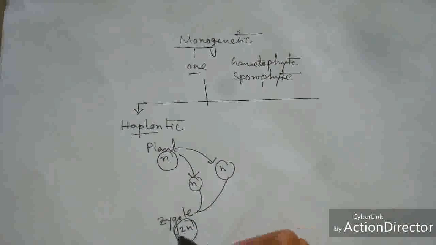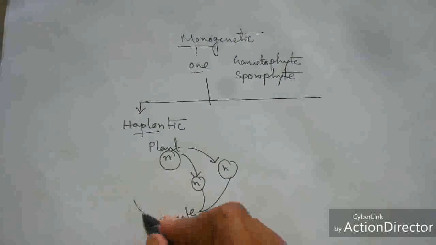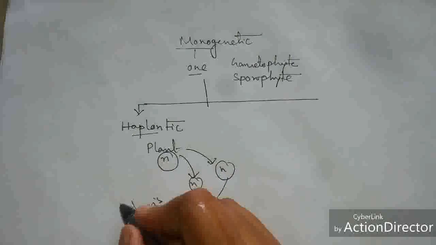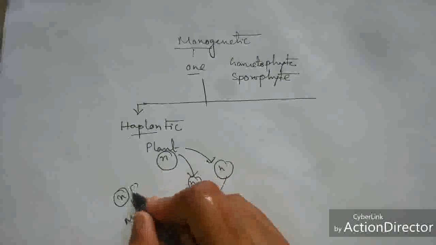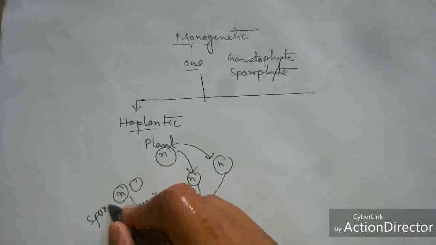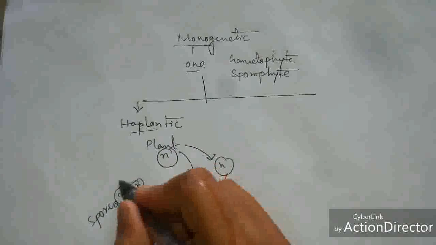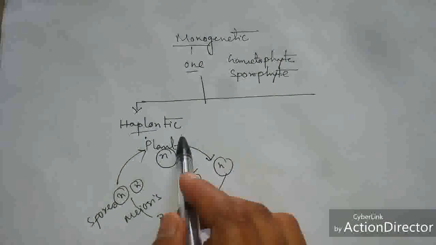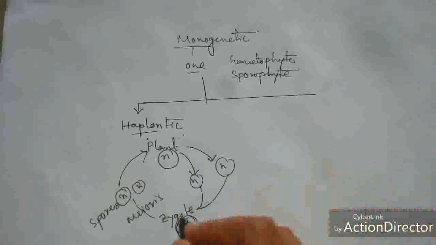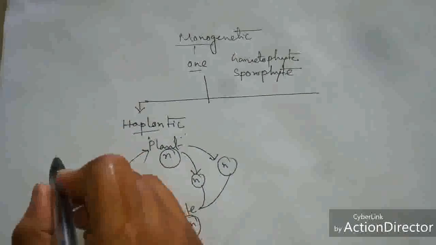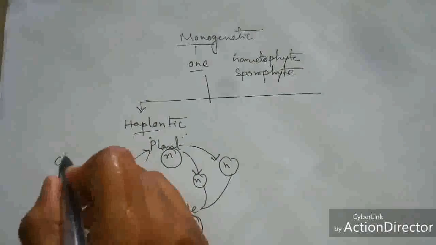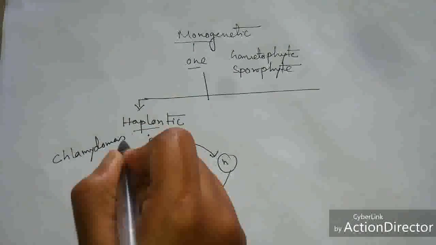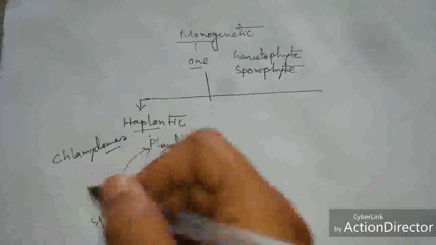Then meiosis starts again, and spores are produced, which form a new plant. So this is haplontic type generation, and an example is found in Chlamydomonas or Spirogyra, etc.